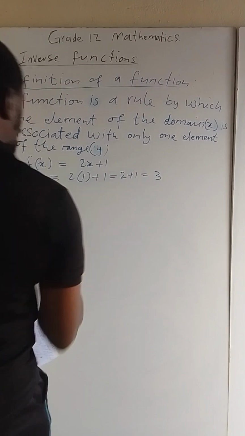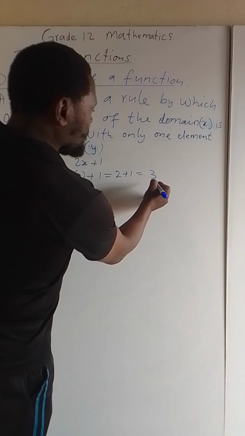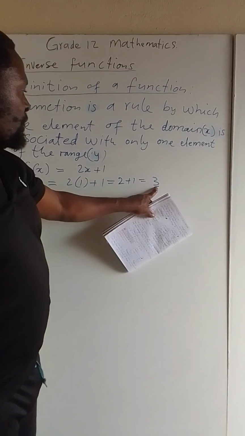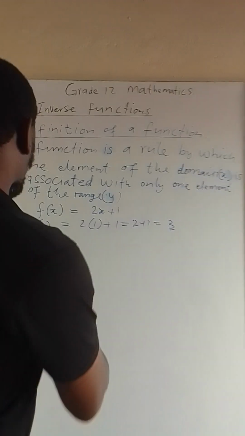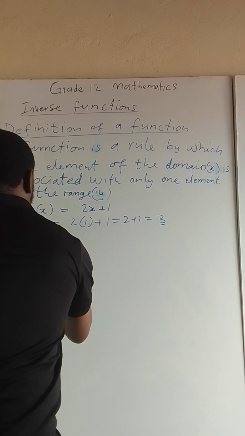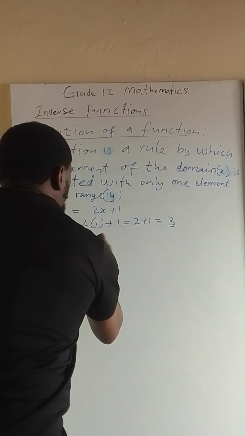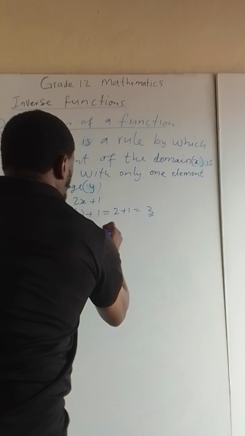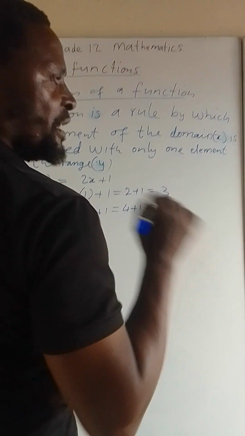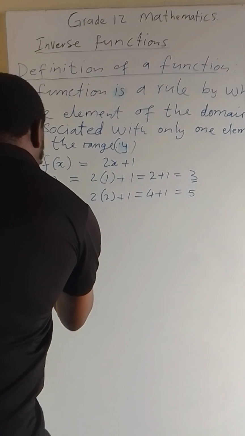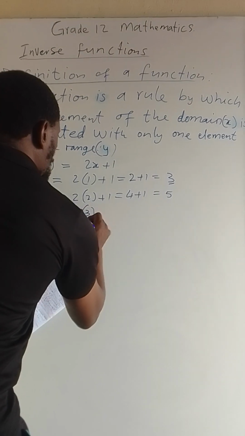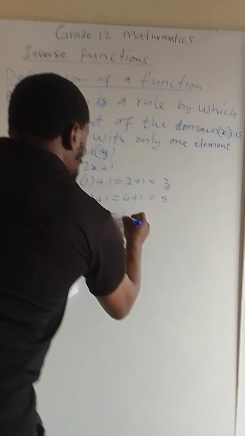So x of 1 maps to 3 in the range. Then f(2) equals 2 times 2 plus 1, which is 4 plus 1, which is 5. Let's check the last one. When x is 3, our y is going to be 2 times 3 plus 1, which is 6 plus 1, which is 7.